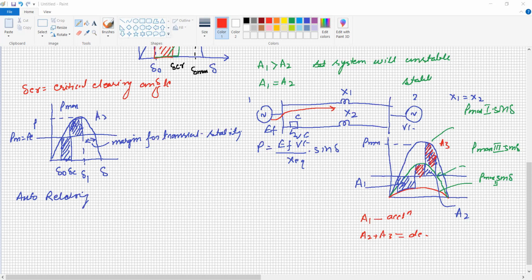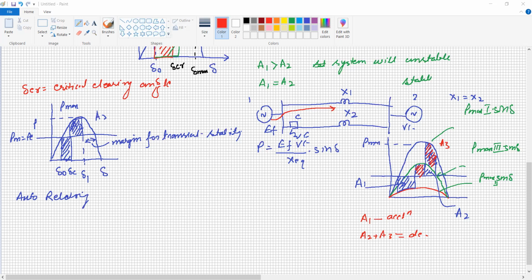Once we know the value of delta 1, it is quite clear that delta 2 will be equal to pi minus delta 1. By calculating this, we can find the value of delta, or the new equilibrium position.